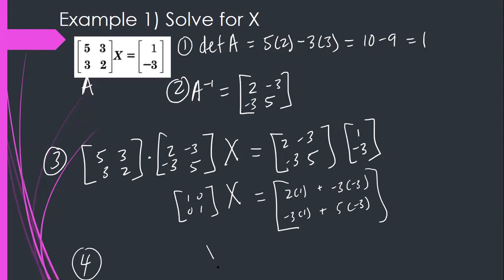So x equals what? 2 plus 9 is 11. -3 plus -15 is -18. So that's what x would equal.